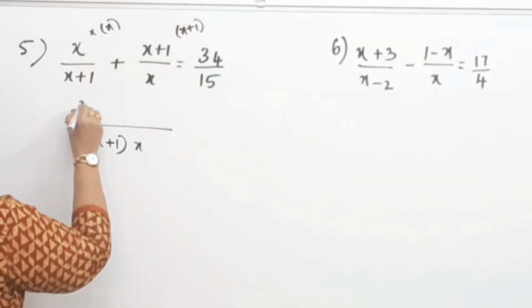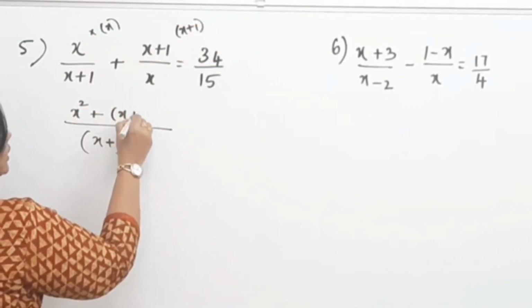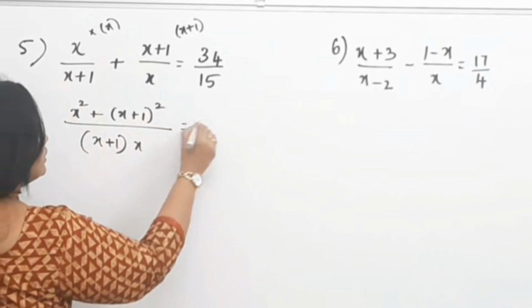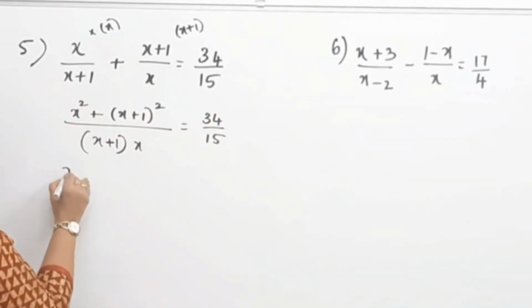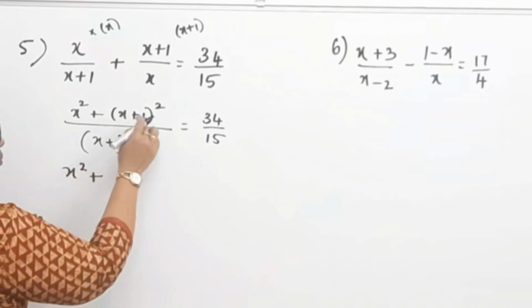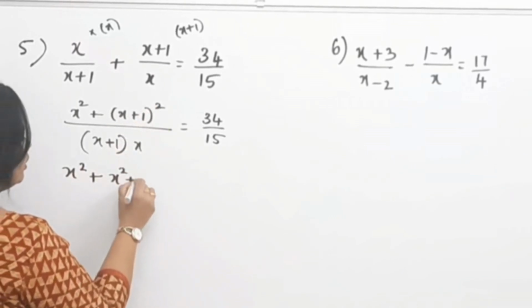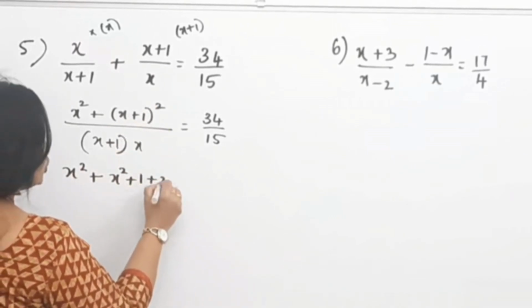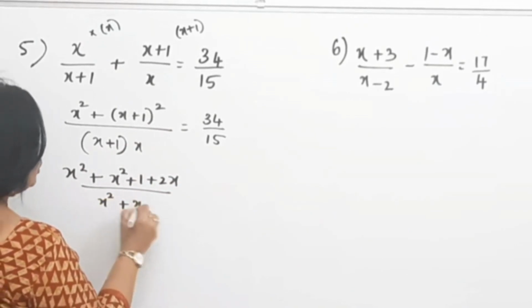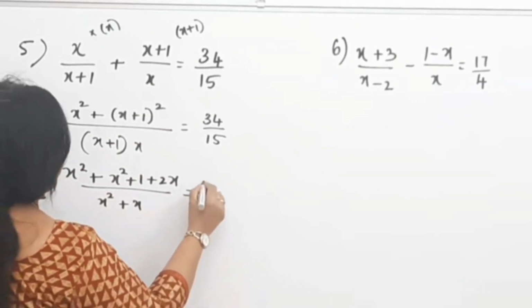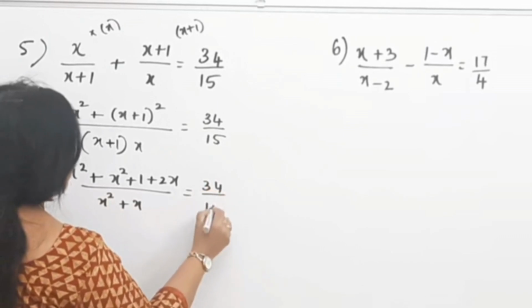So this becomes (x squared plus (x plus 1) the whole square) is equal to 34 by 15. Now I am going to expand this, the (a plus b) the whole square form. x squared plus 1 plus 2x divided by (x squared plus 1) into x is x. That's equal to 34 divided by 15.